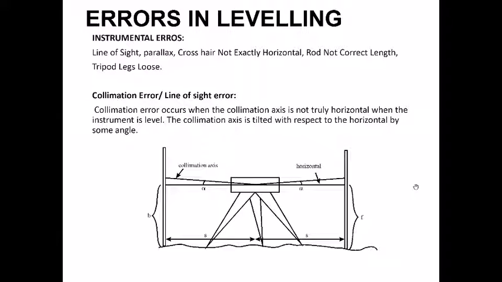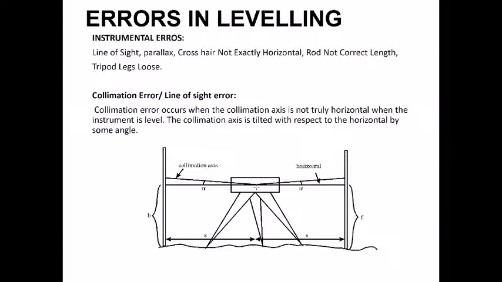And then we have the line of sight or collimation error that I wanted to discuss. This error is that when you level your instrument, that means the line of collimation or the line of sight is completely horizontal. That means this line is tangent to the level surface or the level curve.